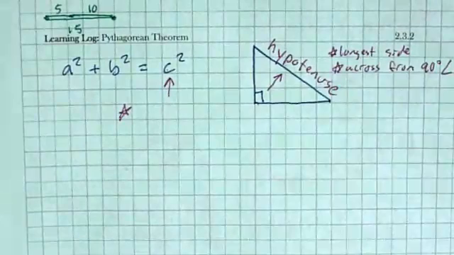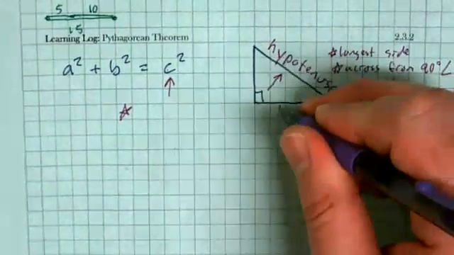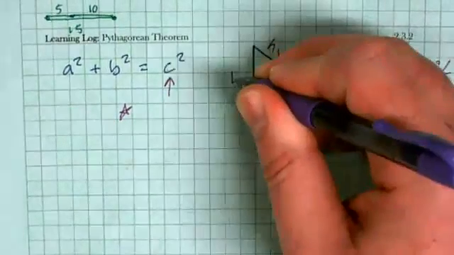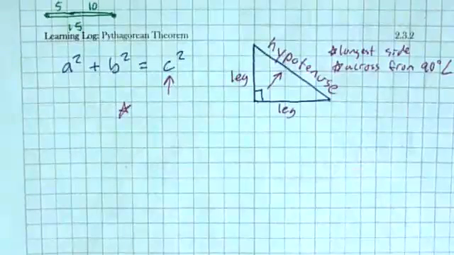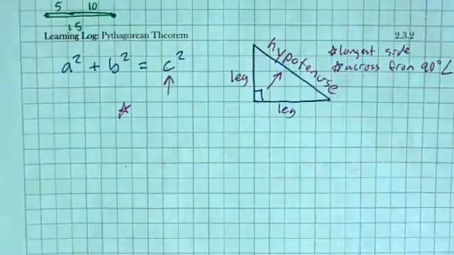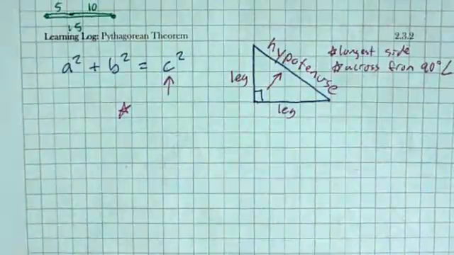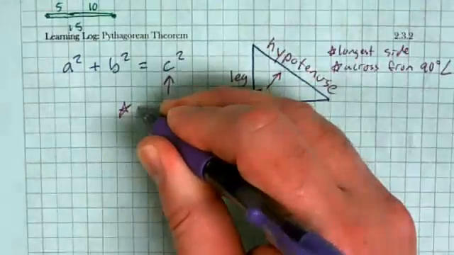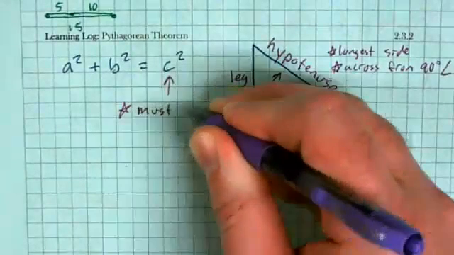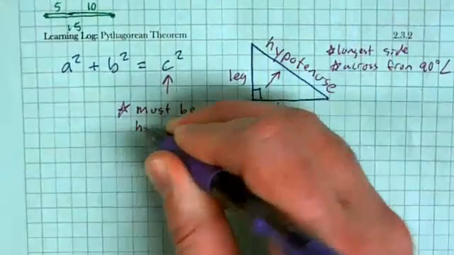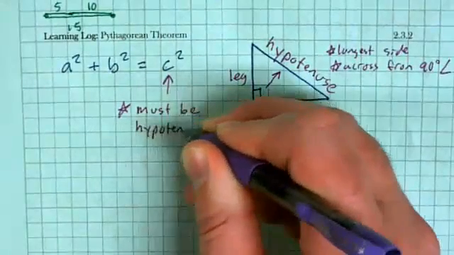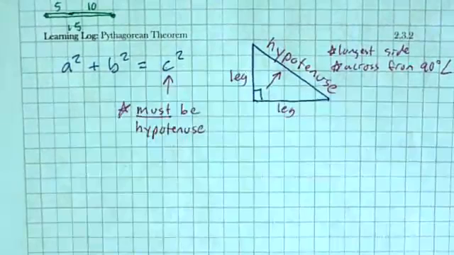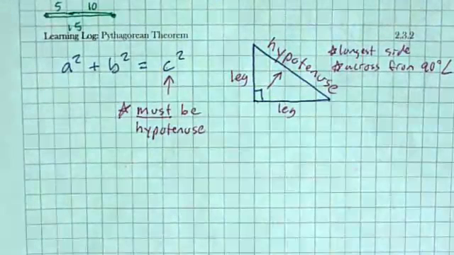The other two sides are sometimes called legs. So if we use the Pythagorean theorem, C has to be the hypotenuse. It has to be.